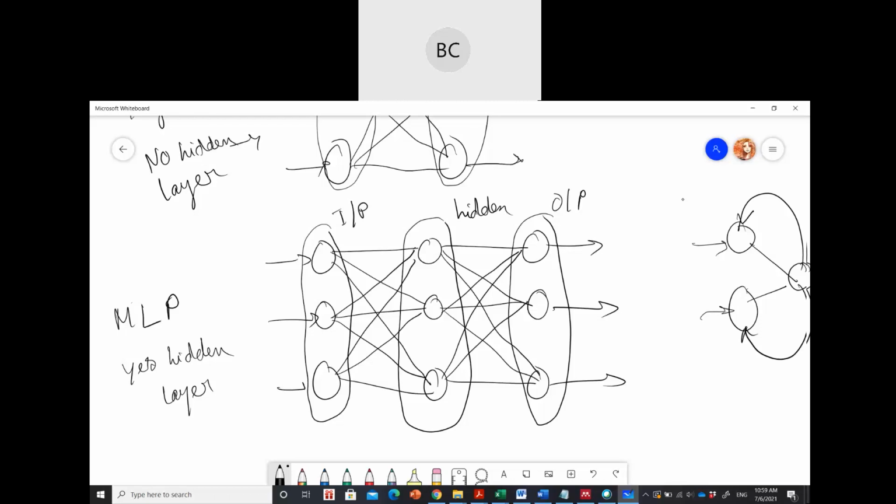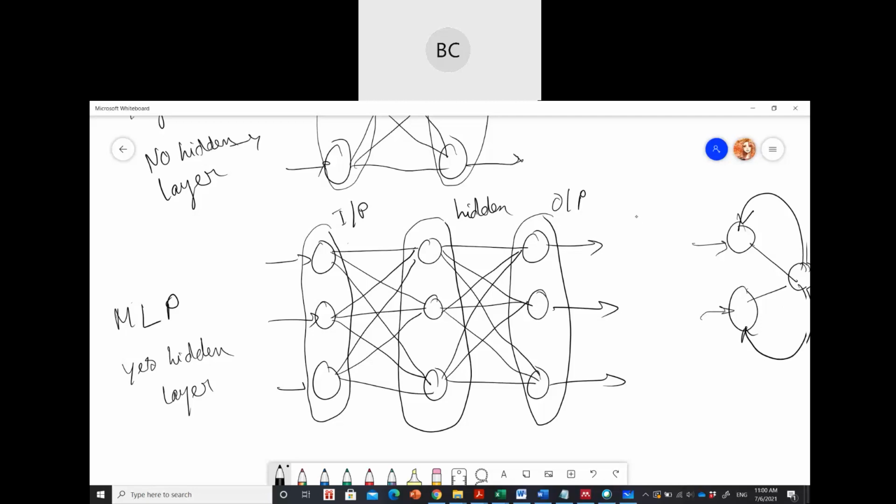Okay, got the difference? Hidden layer is also known as your intermediate layer. You can say intermediate layer, but the proper technical name is the hidden layer. Okay, so now as I said, there are different activation functions which will decide the output.